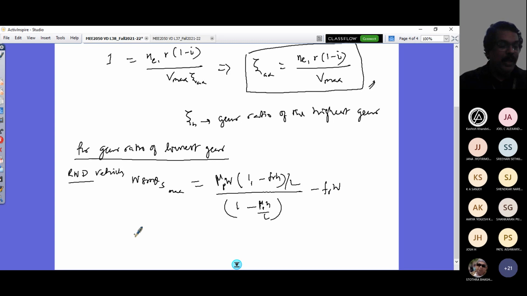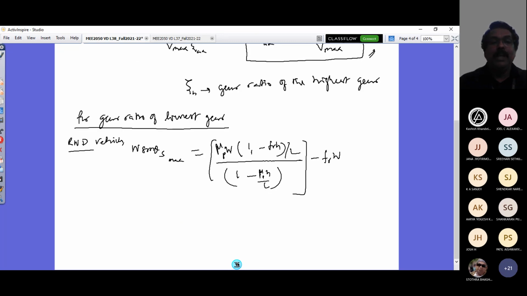So to get my zeta 1, I have to take this on this side. This expression is the maximum tractive effort that would be possible in a rear wheel drive vehicle. That is equivalent to accommodating the grade resistance plus the rolling resistance. So it comes on this side, and that has to be taken care of by the gear. So how do I decide my zeta 1, the lowest gear?